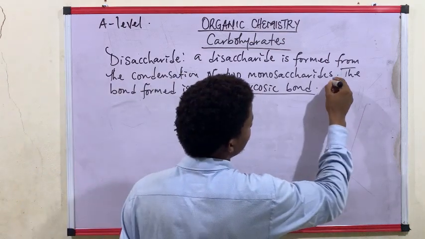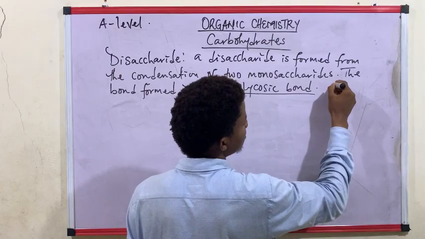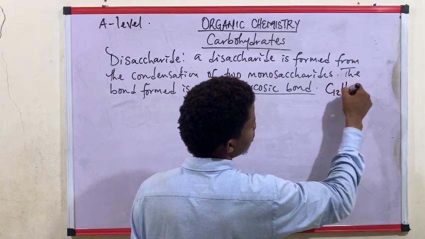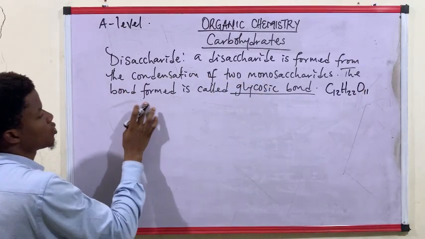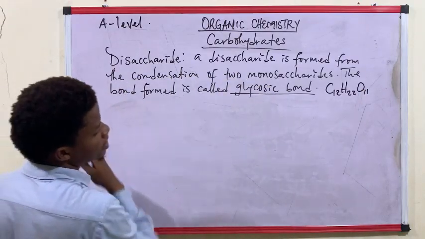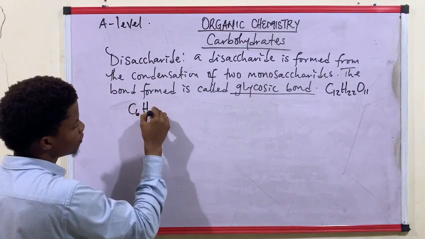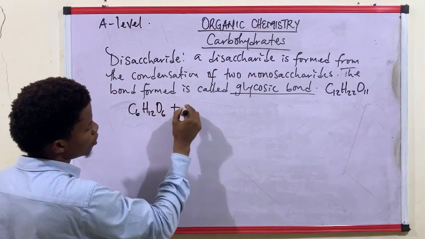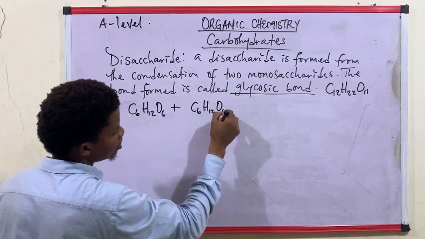The general formula of the disaccharide is C12H22O11. So take for example, you have glucose C6H12O6 combining with another glucose C6H12O6.